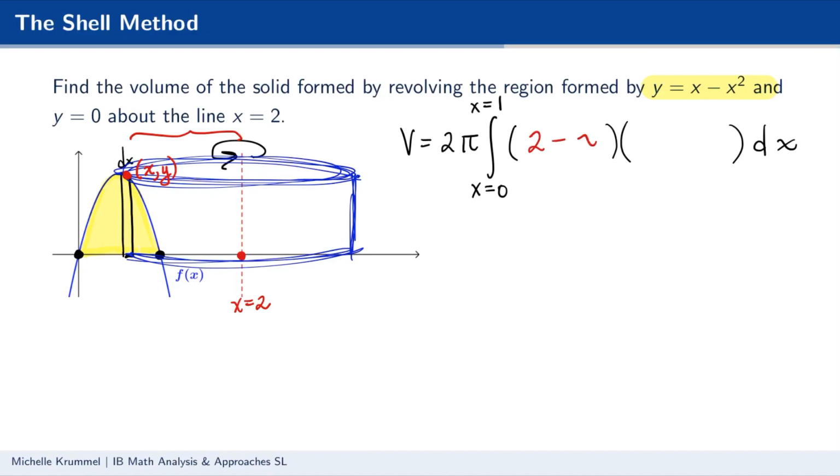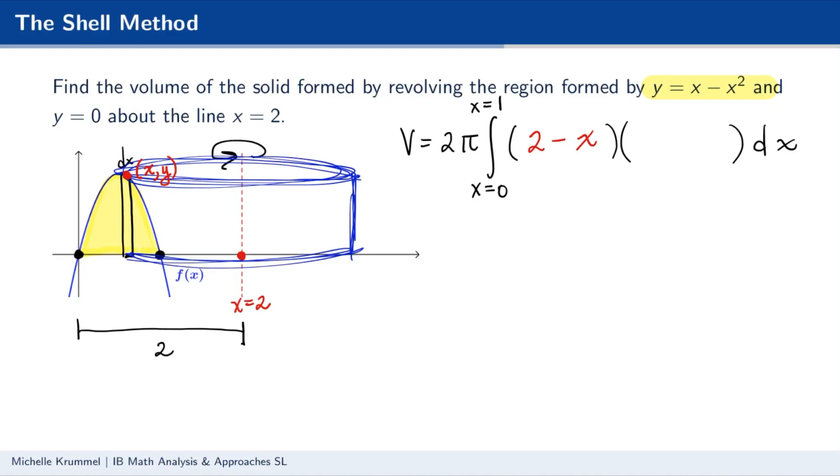2 minus x. Now let me try and explain that a slightly different way, because that does tend to confuse people a little bit. So I'm going to erase this mark right here. If I just said the radius was 2, 2 is this distance right here from the origin over to here. That is a distance of 2.